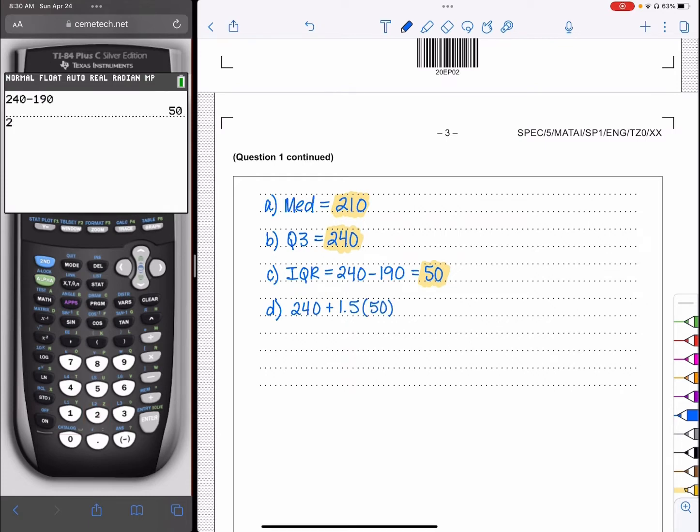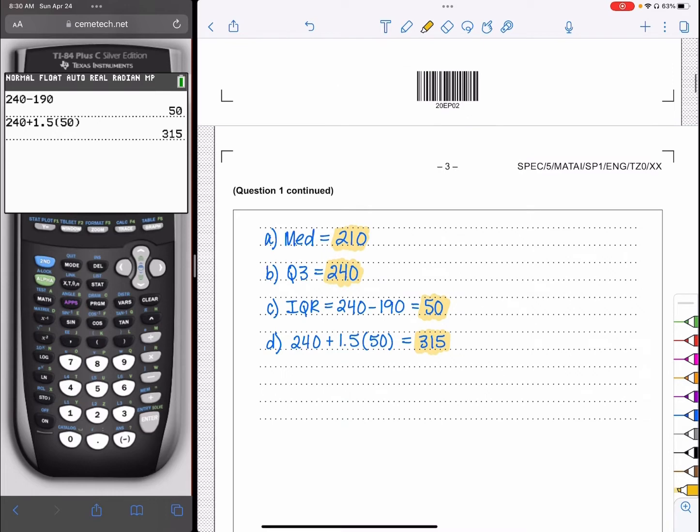So if I do 240 plus 1.5 times 50, I will end up getting 315. So that's the biggest possible weight. Anything above 315 is going to be an outlier. All right, so that's question number 1.